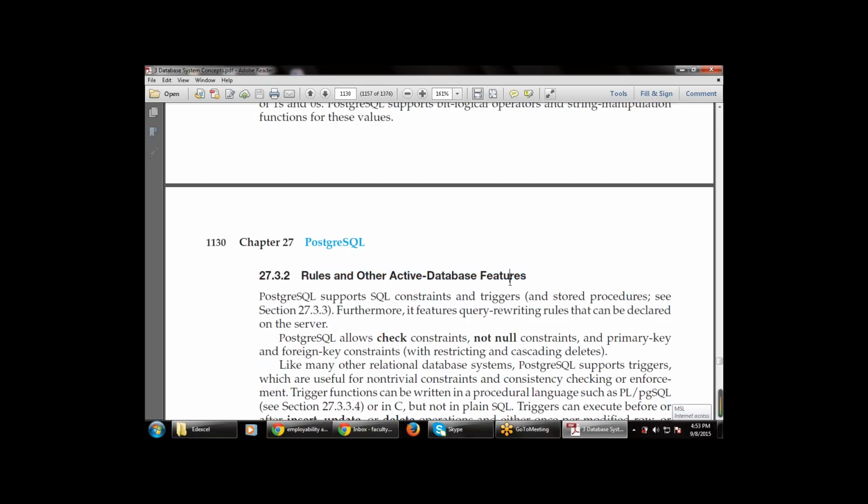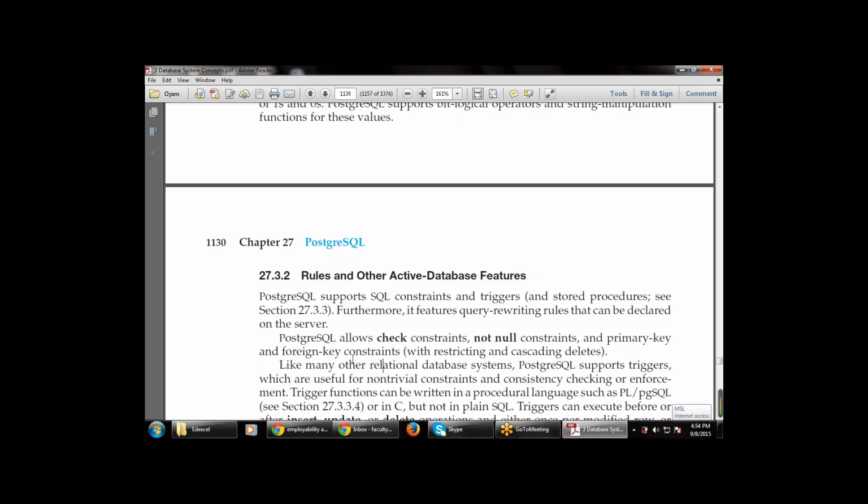Then rules and other active database features are used, that is, constraint triggers and query rewriting rules that can be declared on the server. PostgreSQL also allows check constraints, not null constraints, primary keys, and foreign key constraints with restricting and cascading deletes.